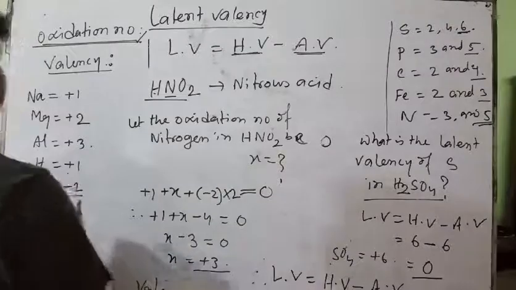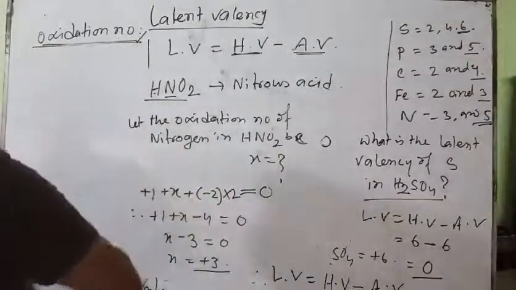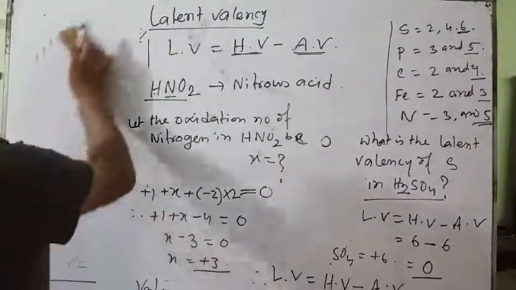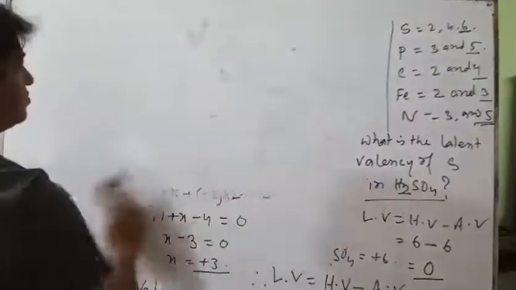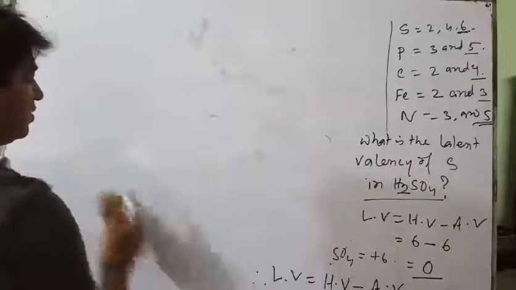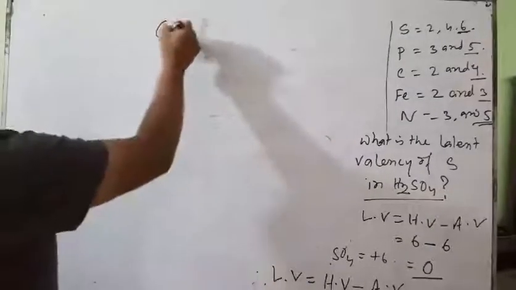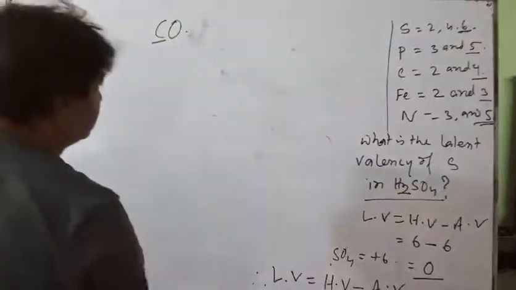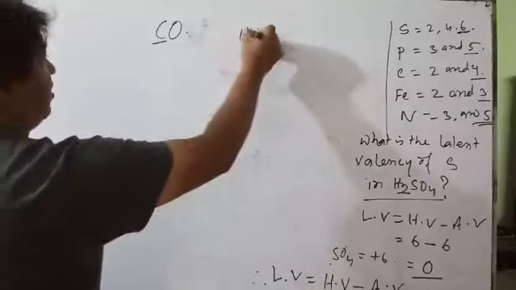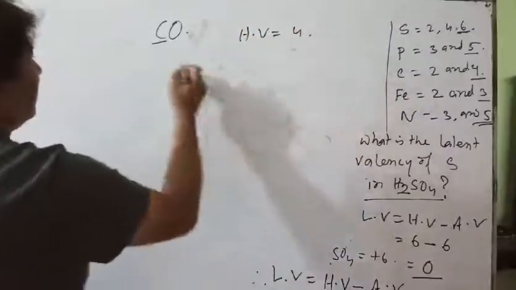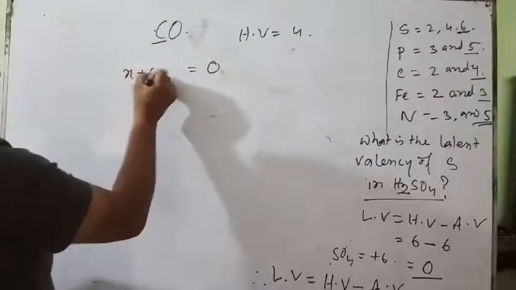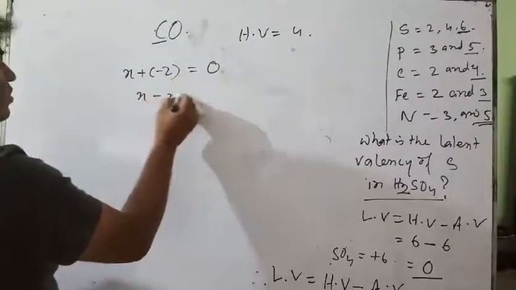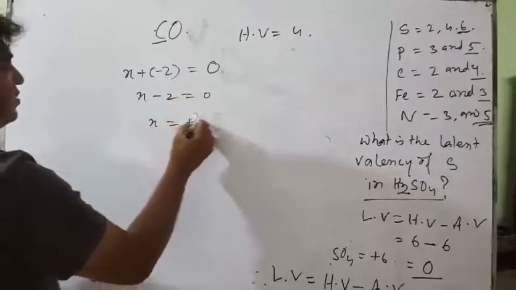So there are a lot of compounds from which we can find the latent valency of an element. Another example, carbon monoxide. What is the latent valency of carbon? The highest valency of carbon equals 4. Total is 0, carbon x, oxygen -2, x minus 2 equals 0, x equals +2.